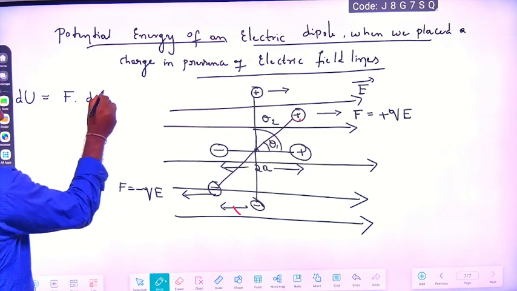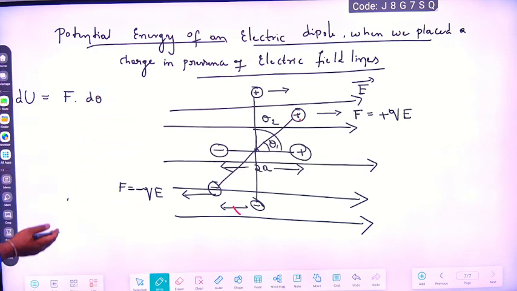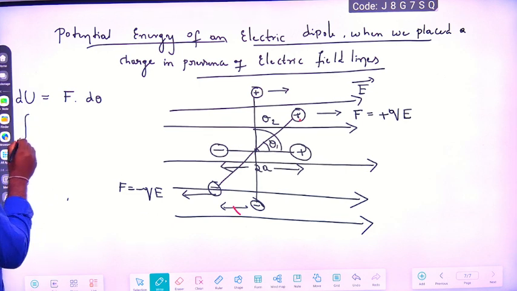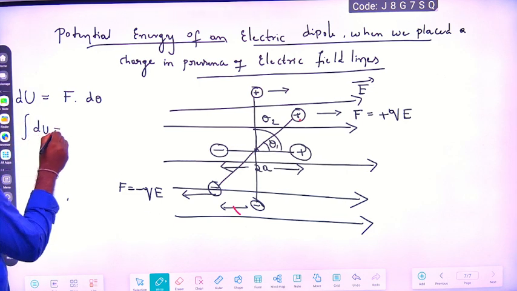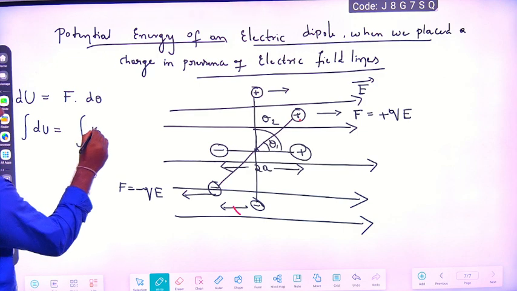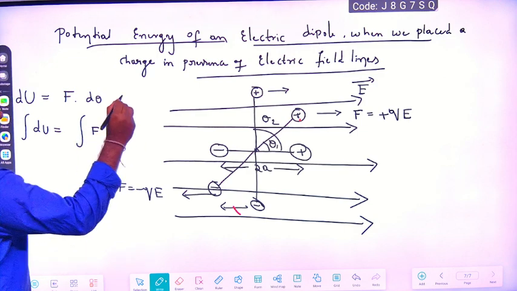This is the same as work done, no? So the energy is equal to F into d theta. Understood? So the integration of dU is equal to the integration of F into d theta.